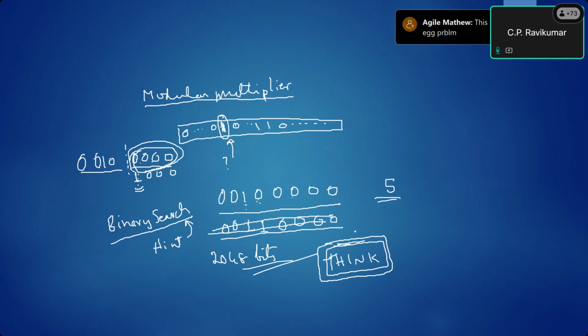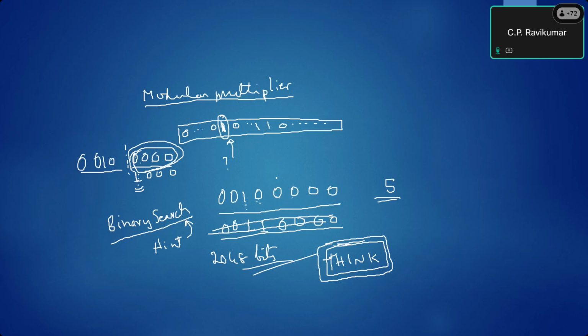When you do binary search, you may be able to reduce the time to about log n. If this has n bits, then the while loop may, in the worst case, take n operations, whereas this may take about log n operations.